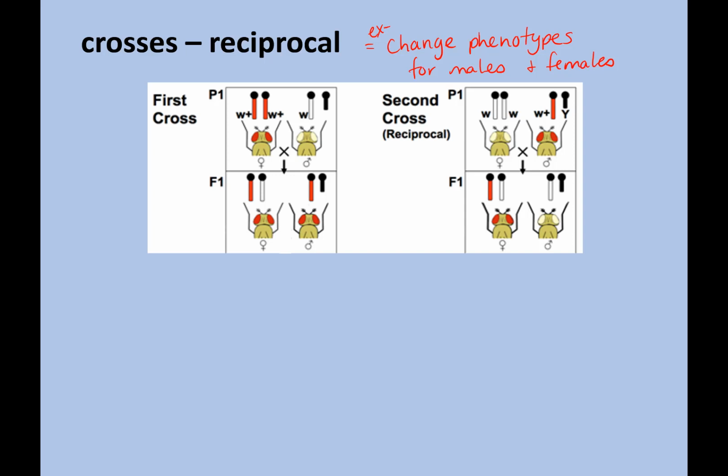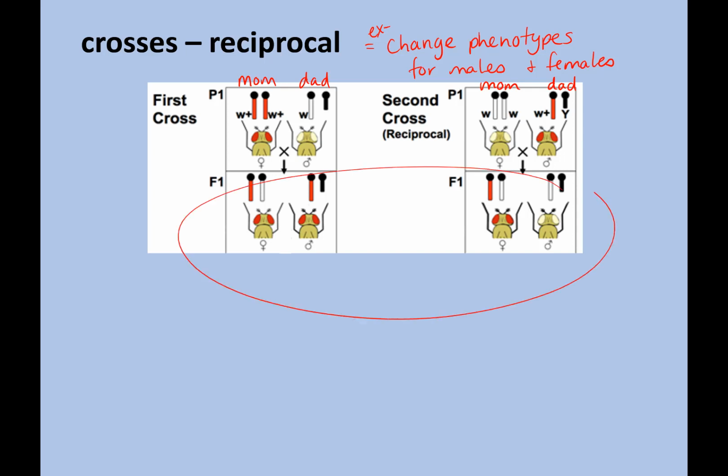So what I'm trying to show you here is that with these lovely flies, in this case, mom has red eyes and dad has white eyes. So the reciprocal cross would be to change that phenotype, and now mom has white eyes and dad has red eyes.